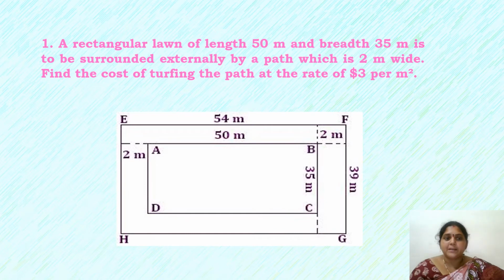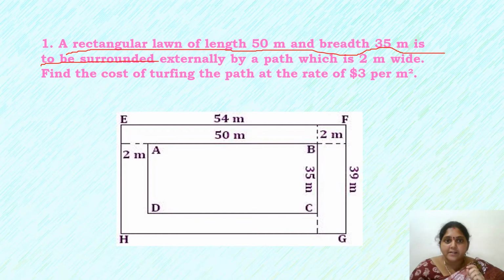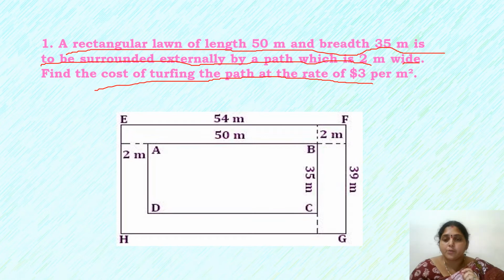For example, I have taken a problem here. A rectangular lawn of length 50 meters and breadth 35 meters is to be surrounded externally by a path which is 2 meters wide. Find the cost of turfing the path at the rate of rupees 3 per meter square.